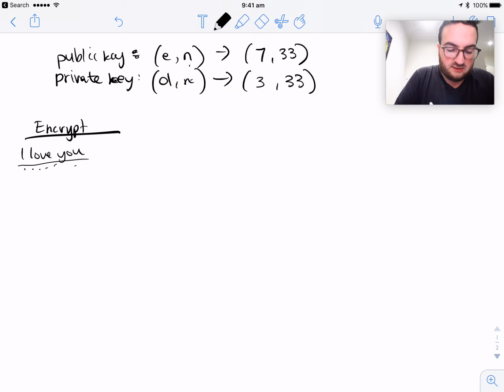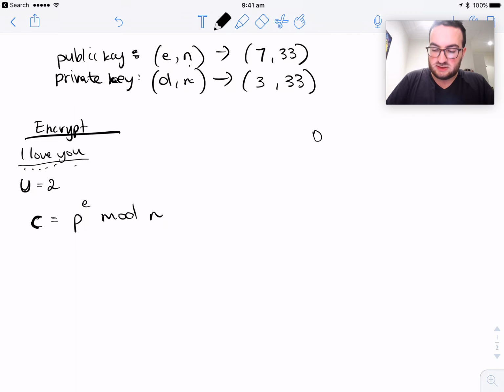But just to simplify things, maybe the letter U has the number 2 associated with it. The formula for RSA for encrypting is this: you take the ciphertext, known as C, you take the plaintext, and you raise it to the encryption key, E, and then you just mod it by N.